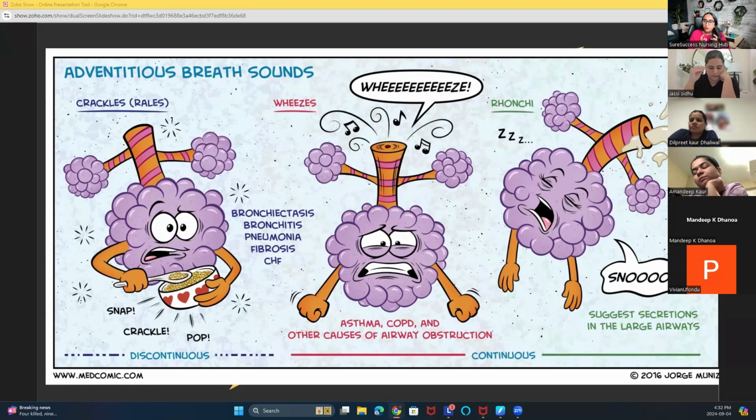Same thing: whenever there is swelling or blockage in the bronchioles due to inflammation, whenever the air is going in or going out, it creates a musical noise. That is the reason it creates the sound of wheezing.